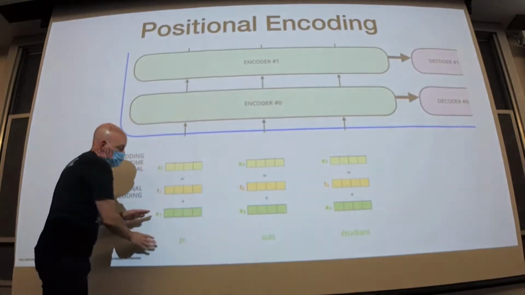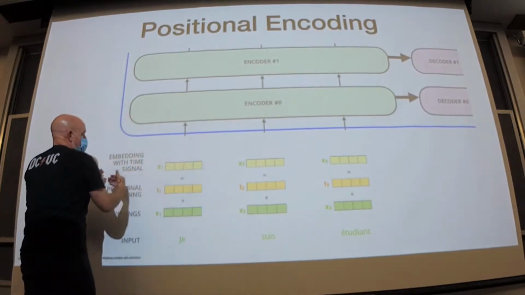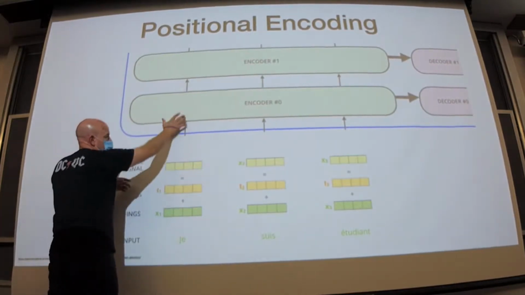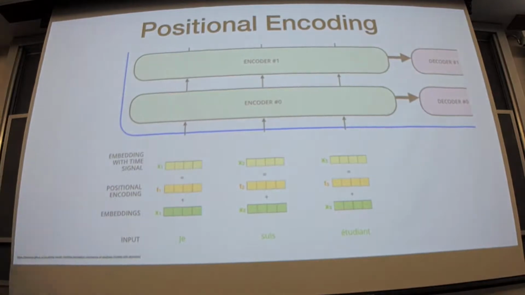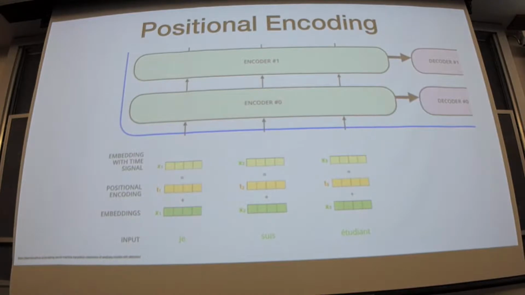And then no matter what these are down here, you just add these things to here, giving you the actual input to the encoder, which is super weird. This adding thing is just really weird, but it seems to work.